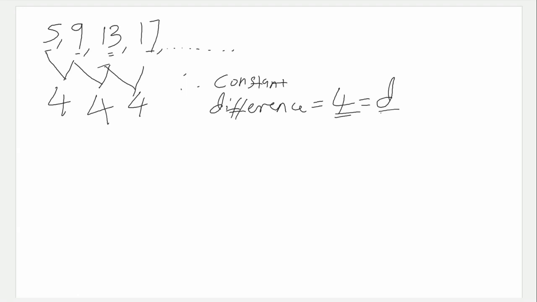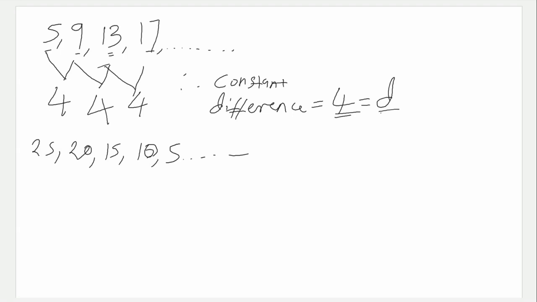But what if we have a pattern which is decreasing? You can have a pattern like 25, 20, 15, 10, then 5, and so on.